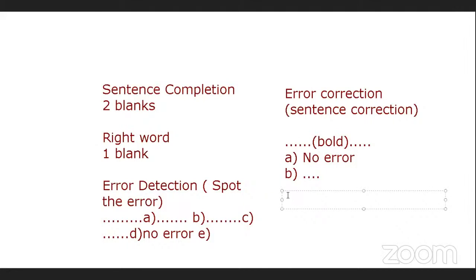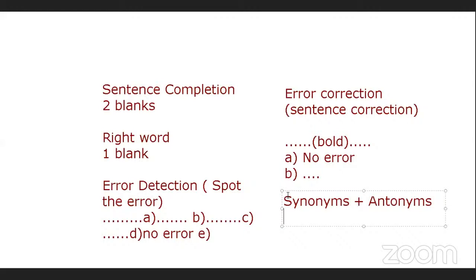Then comes contextual vocab, also called synonyms and antonyms. It is almost the same as right word. There is hardly any difference. The only thing is a sentence will be given to you and a word will be underlined.